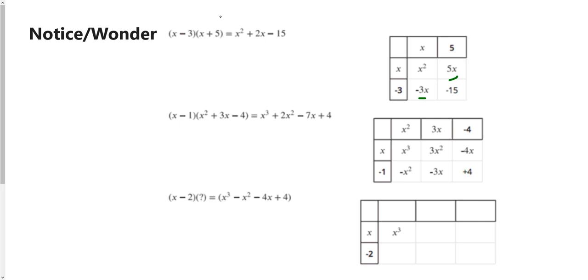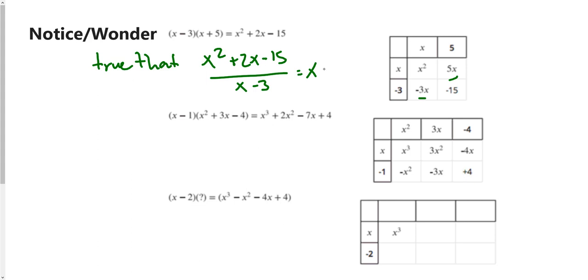So one thing that is interesting to note here is that because this is true, I want you to think back to the numbers that we used on the first page. 5 times 6 is 30, but likewise, 30 divided by 6 is 5. So it is also true that x squared plus 2x minus 15 divided by x minus 3 is going to be equal to x plus 5.